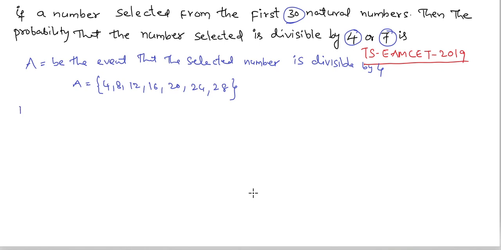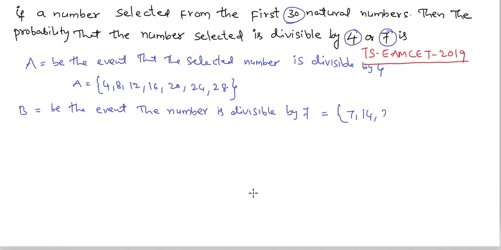And capital B is the event that the number is divisible by 7. That is equal to 7, 14, 21, 28. These four are divisible by 7 up to 30 numbers.